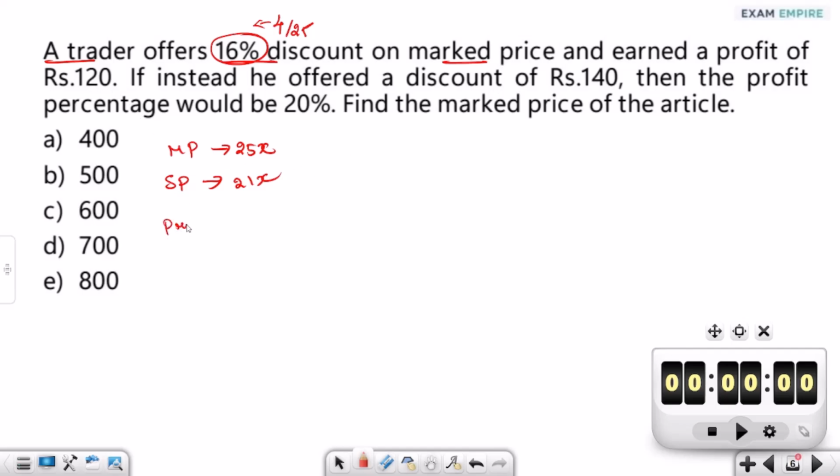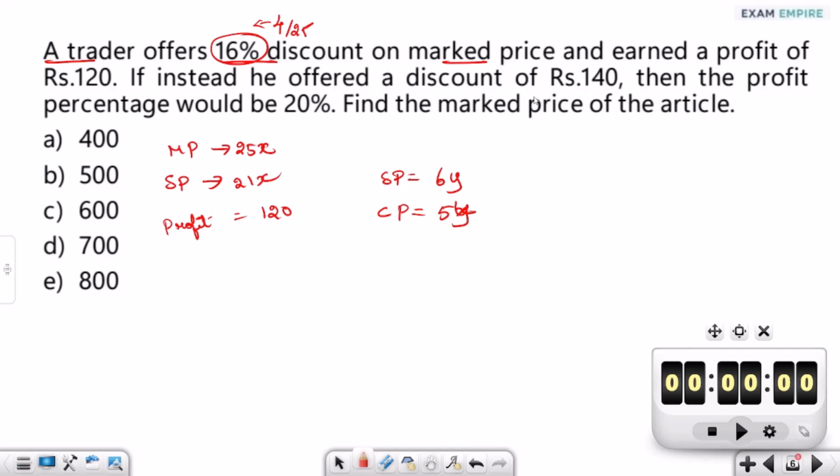So what is the profit here? Profit will be 120. If instead he offered a discount of 140, then the profit percentage would be 20 percentage. Okay. So now here 20% profit in the sense, if the cost price is 5y, the selling price will be 6y.